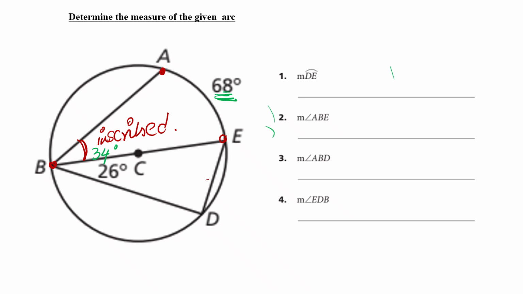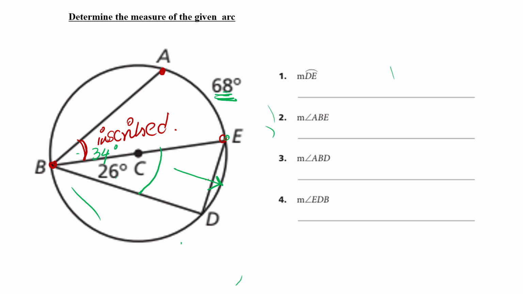Okay. So arc of DE now. Now arc of DE, which means that angle EBD, it is also the inscribed angle, right? If it is inscribed angle, so the arc that is opposite to that angle is the double of the inscribed angle.